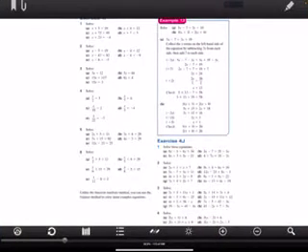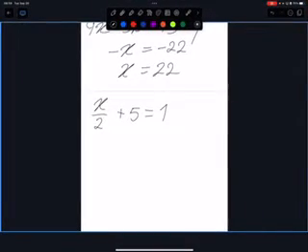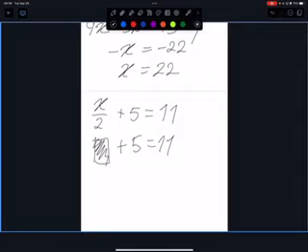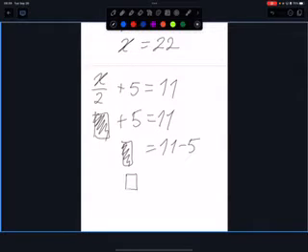Equals, what is it? 11. So how do you make it the exact same way? There is something, I add it with 5, and that has to be 11. So that something equals 11 minus 5, which equals 6. But that something is actually something divided by 2, and that equals 6.